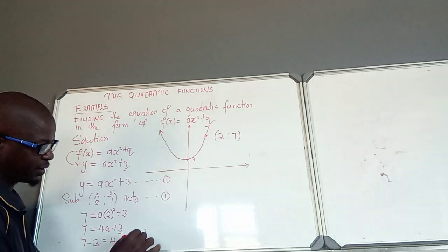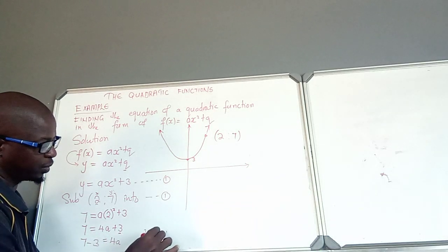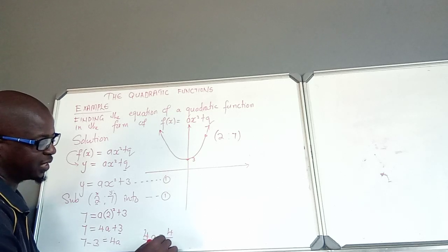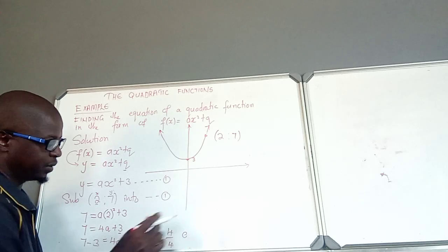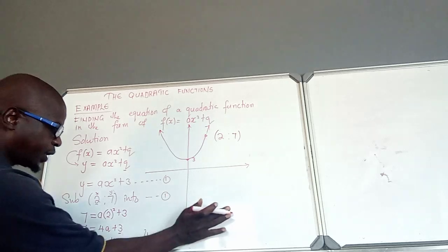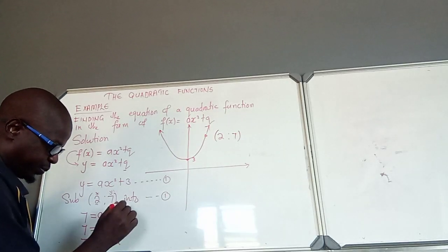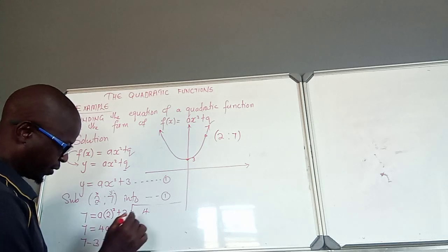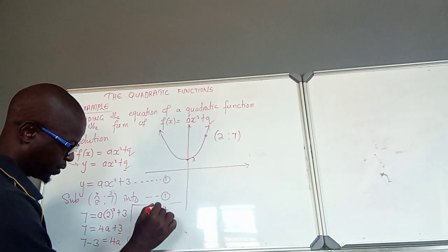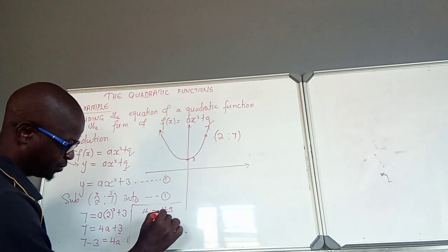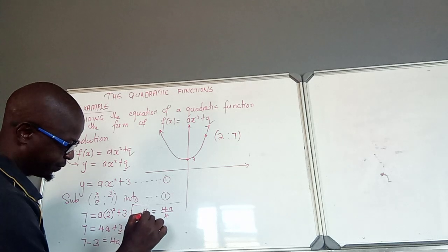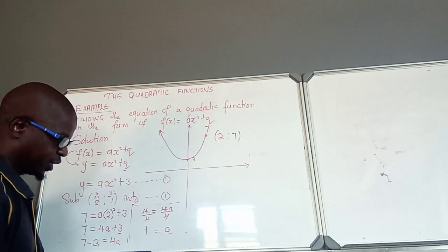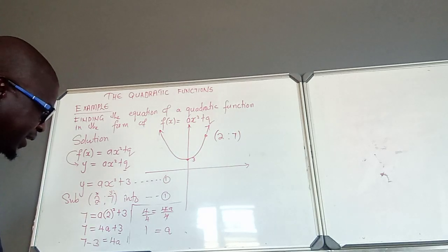This means 4a is equal to 4, and when I divide both sides by 4, the value of a is equal to 1. So I now know what a is.